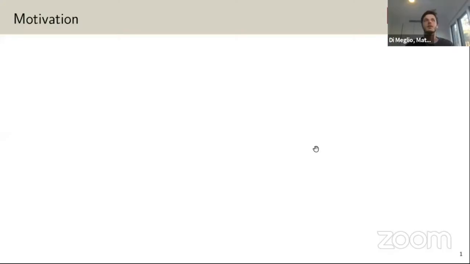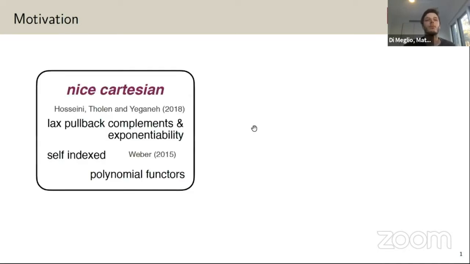To begin with, I'd like to paint a picture of where this work fits into some existing works. The notion of polynomial functors has been of quite interest to the category theory community of recent times.